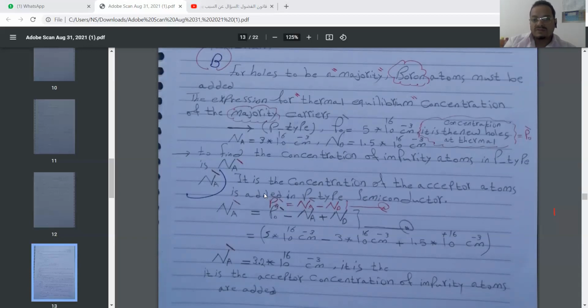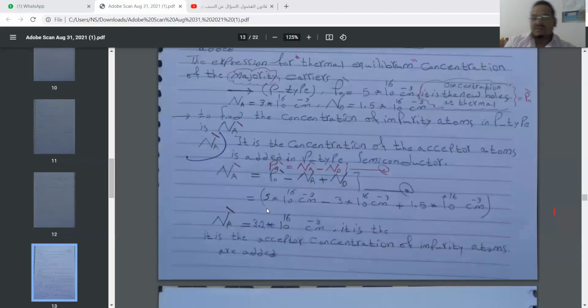Let's depend on this important equation: P naught prime equals Na prime minus Nd. Now, let's use this. P naught prime, we have this result. Nd result, yes, we have it. Na prime, all we need is to calculate the result of Na prime.